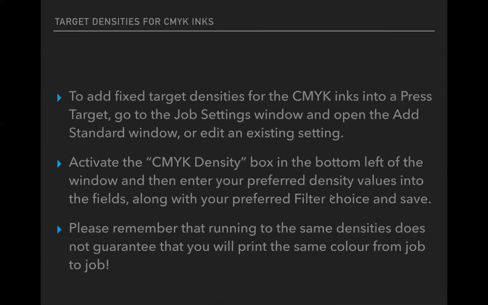So we've enabled them to ignore the algorithm that's telling them to add more ink and just run to a fixed target density. Now, it's only done for CMYK inks because it's been added as an option in the press target, which only defines the targets for CMYK inks. So spot colors are still done the same way.